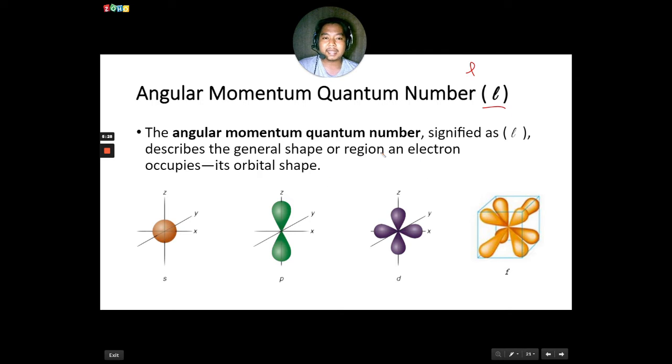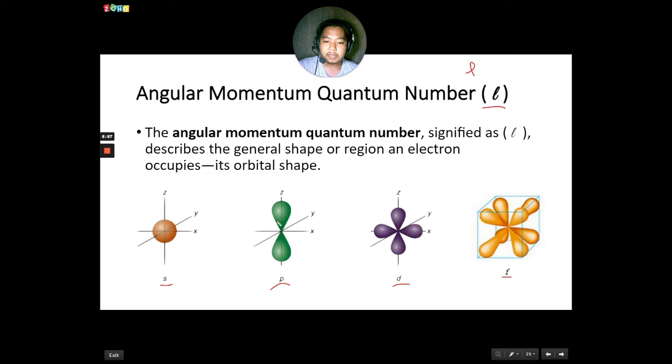So what do we mean by that? The orbitals, maybe you are familiar, s, p, d, f have different shapes. Meaning if an electron is found in the s orbital, the s1 and s2, the electron will be in this particular sphere. If it's in the p orbital, it should lie in this bow tie plane.